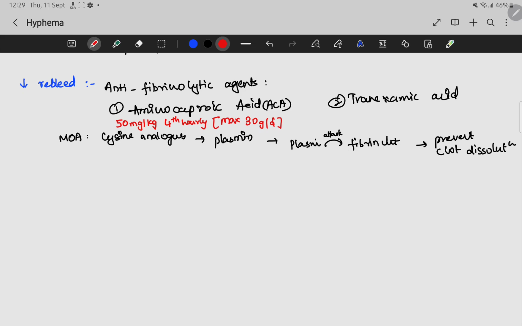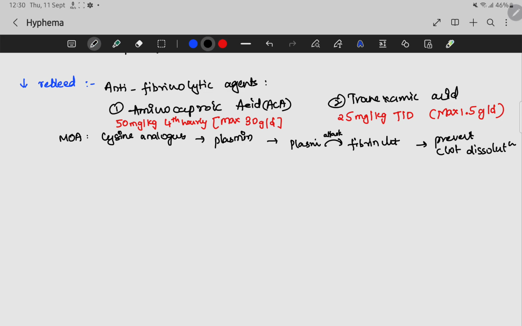And tranexamic acid is 25 mg per kg. It can be given TID, and the maximum is 1.5 grams per day. So these are oral medications.